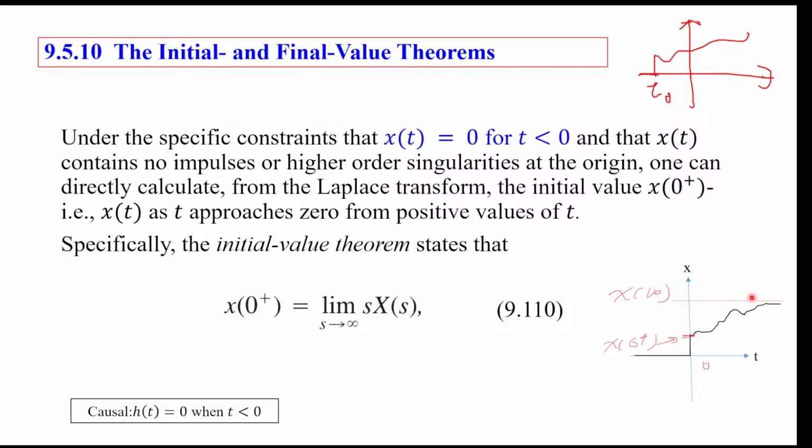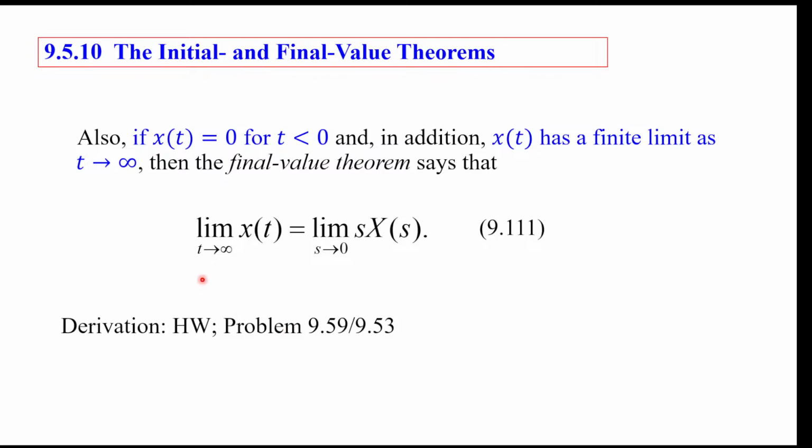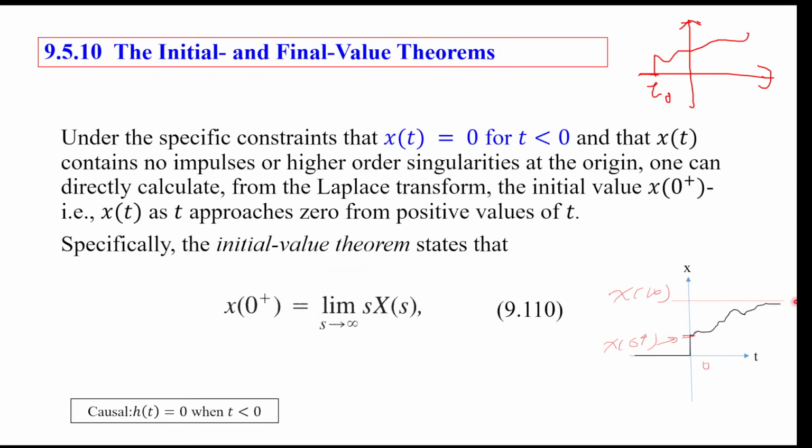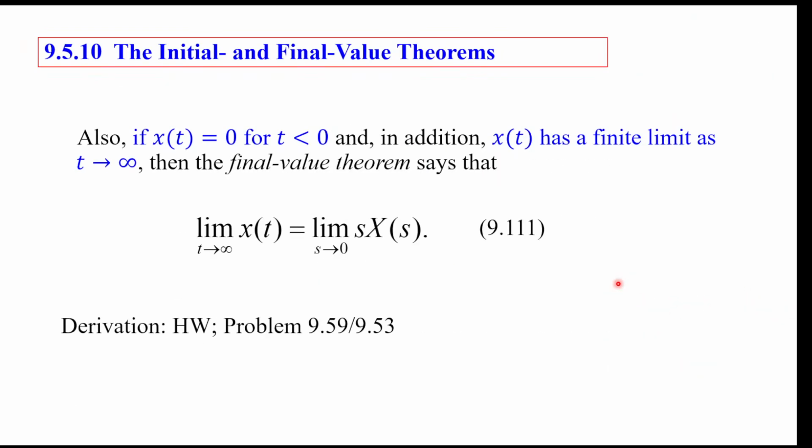Okay. And we also have a final value theorem. And we still need the condition that x equals 0 when t is less than 0. Then the final value, the value of x at t equal to infinity, assuming this thing actually converges to something, will be the limit of s times big X of s as s goes to 0.